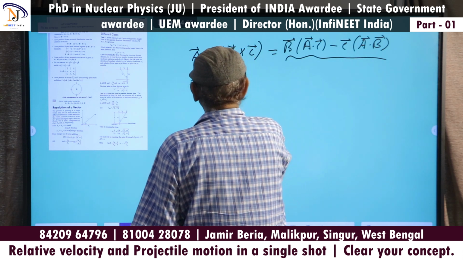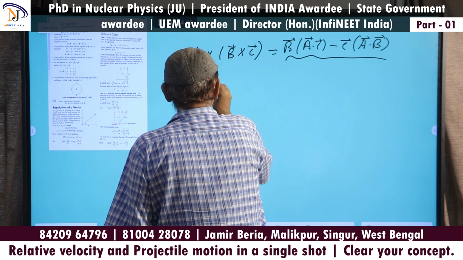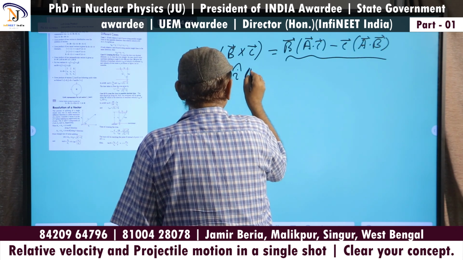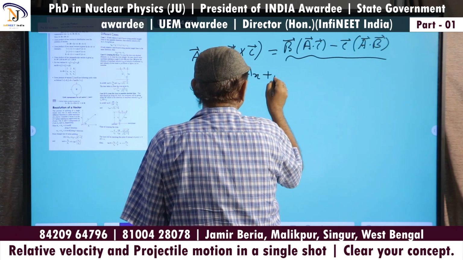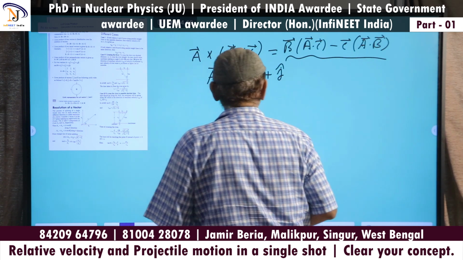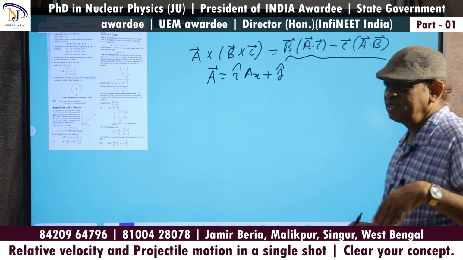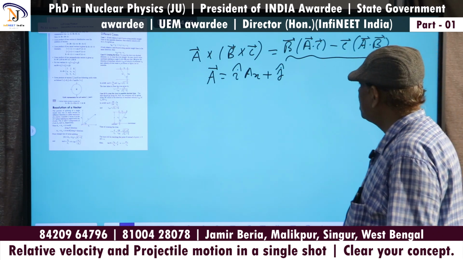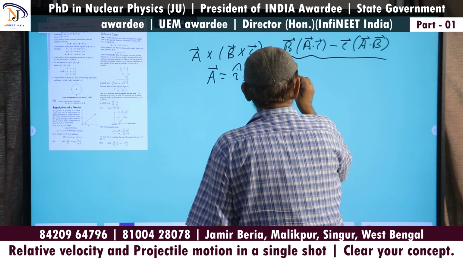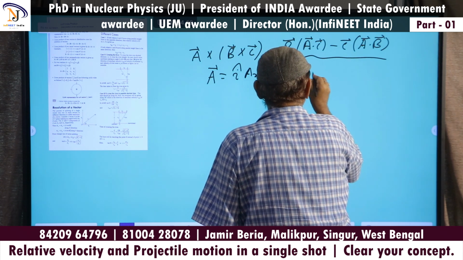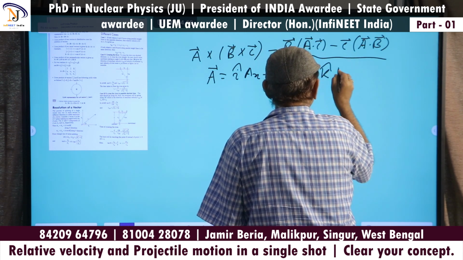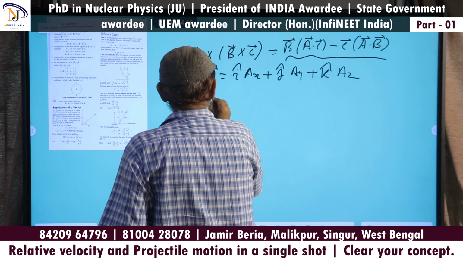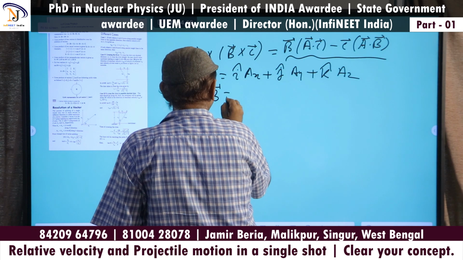You may write A equals I into AX plus J into AY and K into AZ. I will not do everything; it is your task because this is not so important. And the next one is B. So what you can write?